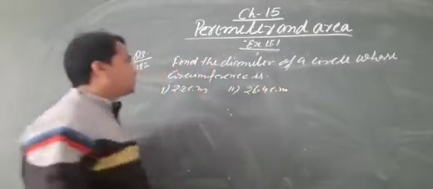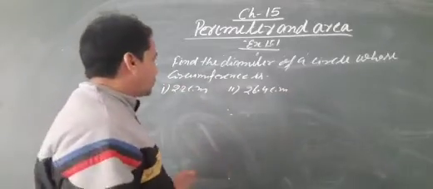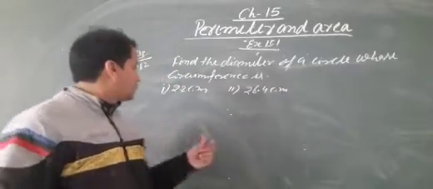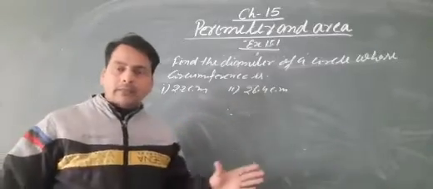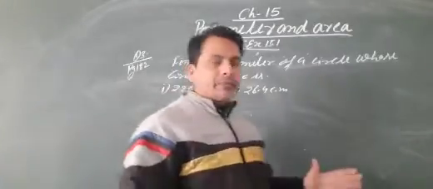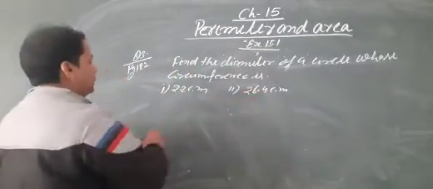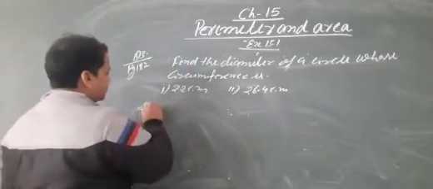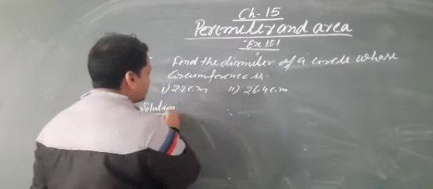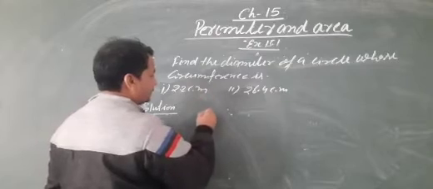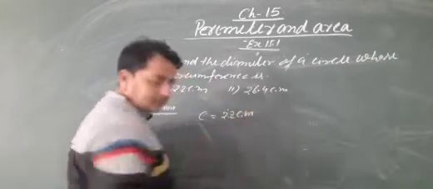So in this question, find the diameter of the circle whose circumference is 2.2 centimeter. So we know that the circumference of the circle is 2 pi r. The circumference is given, that is 2.2 centimeter.